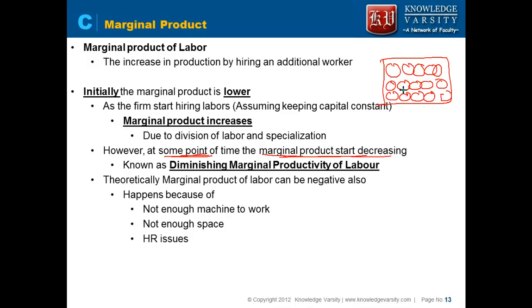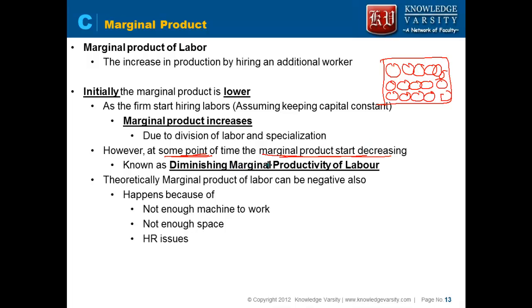There may be less space, the machines may not be available, they are working in shifts, but even after that the machines are not available. If you hire an additional worker, he is not given the facility, he is not given the machine, so the productivity or the output will decrease. Also there will be lots of politics within the workers, and there will be a loss of efficiency. So at some point of time the marginal product starts decreasing.